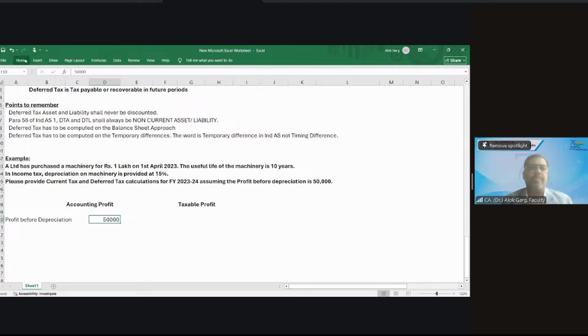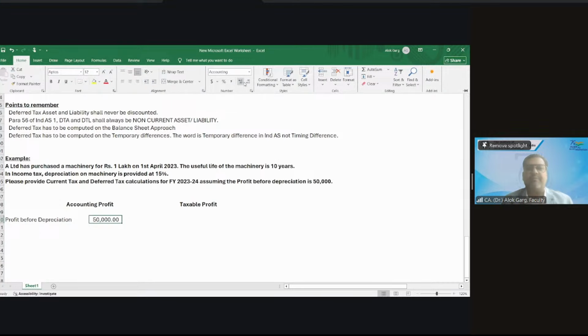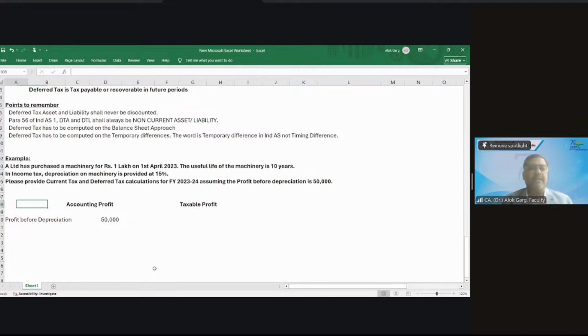And what is my depreciation expense in accounting? 1 lakh is the cost of machinery, 10 years is the life, so the depreciation is 10,000.